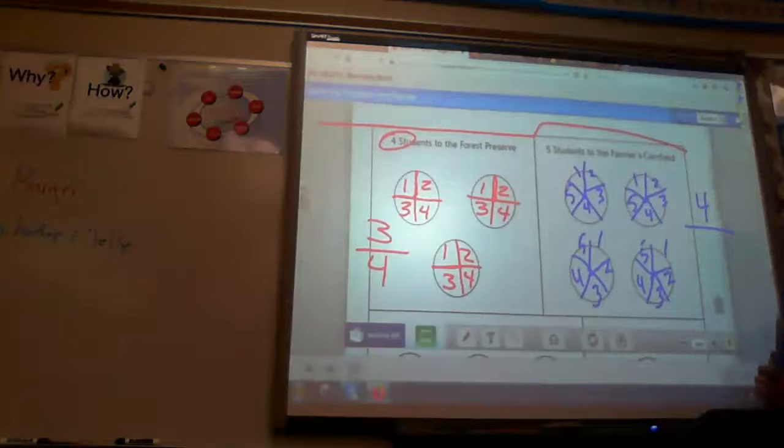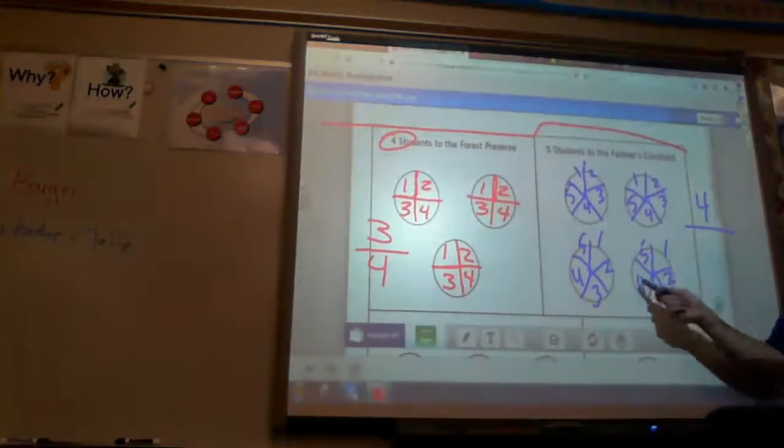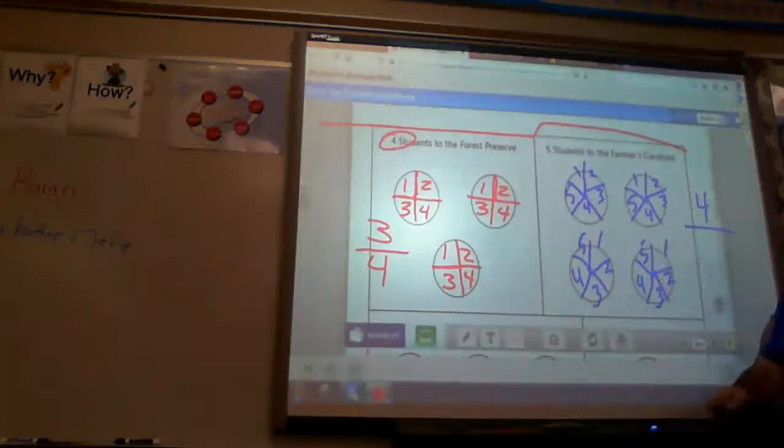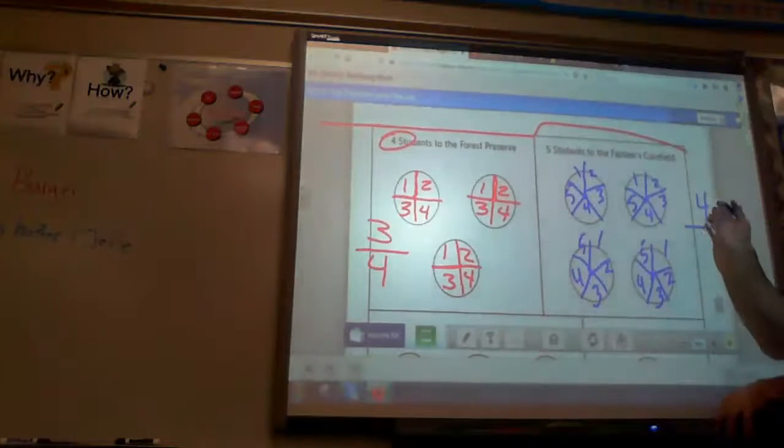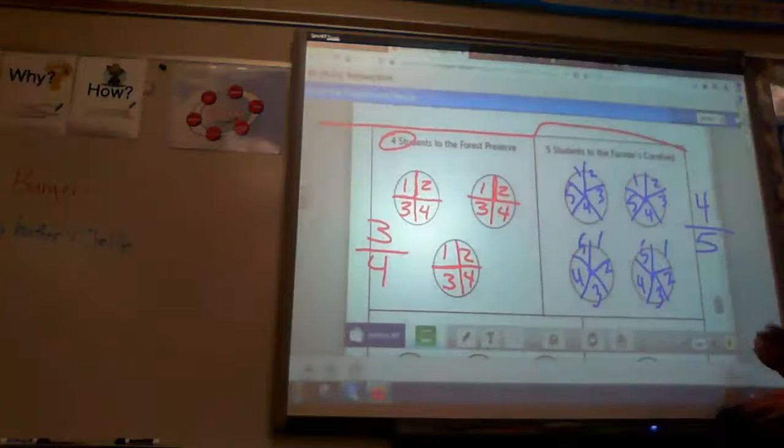But classes in the past would go, there's 20 pieces, so it's 4/20ths. Well, that's how many pieces there would be in 4 whole pizzas, right? We're just talking about one pizza. How much out of one pizza could they get? They can get 4. How many pieces are there in one pizza? 5. So they're getting 4/5 of one pizza.